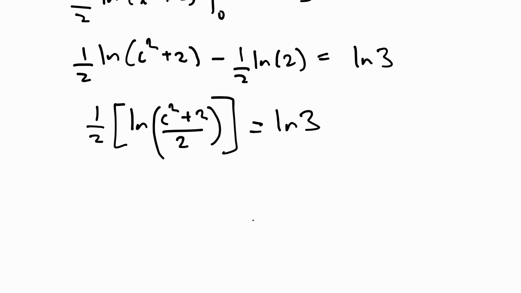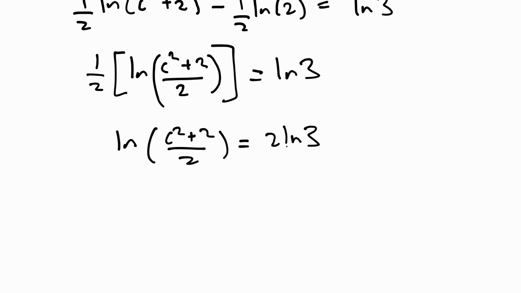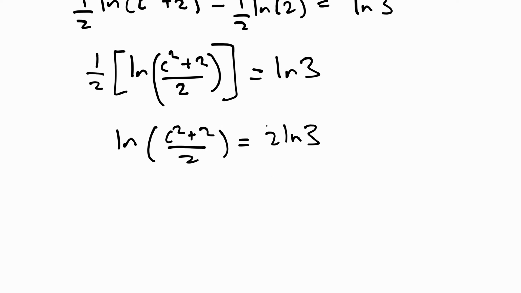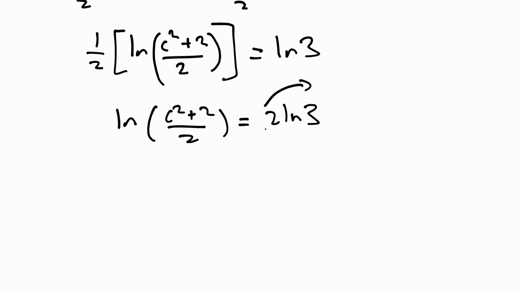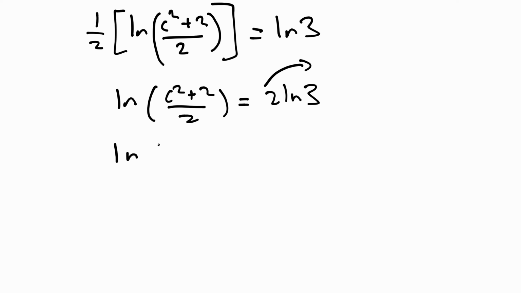Okay, let's go further. Now I can cross multiply, so I get ln of c squared plus 2 over 2 is equal to 2 ln 3, right? Now another logarithmic rule is that I can bring the coefficient as an exponent, so I get ln of c squared plus 2 over 2 is equal to ln of 3 to the power of 2.